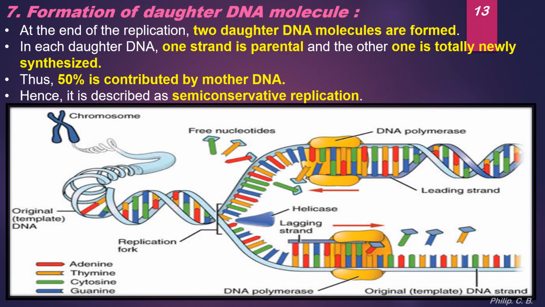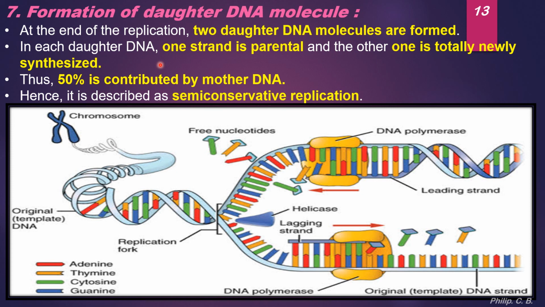Moving further, formation of the daughter DNA molecule. At the end of the replication, two daughter DNA molecules are formed. In each daughter DNA, one strand is parental and the other one is totally newly synthesized. As the name daughter DNA molecule suggests, one is the old strand from the parent, and the other is the new strand.